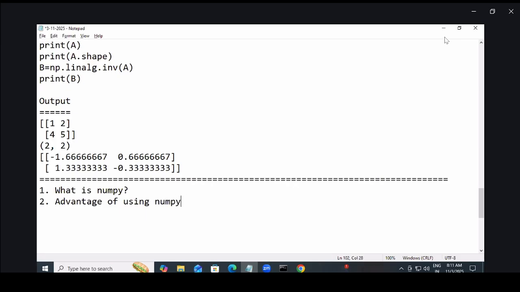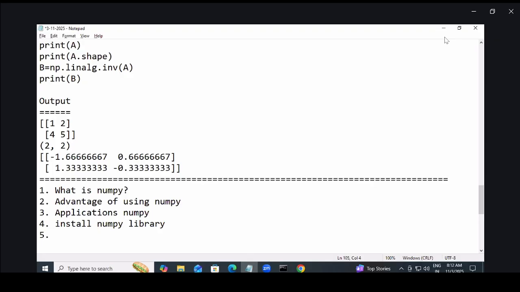The third one we discussed is applications of NumPy, meaning where NumPy is used. After that, I said how to install the NumPy library.